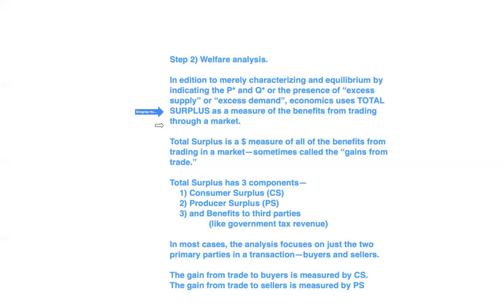So when you can purchase something in the market for less than you could do it yourself, or less than what you're willing to pay to do it yourself, then you end up getting a gain through participating in the market as a consumer. And sellers likewise, right?